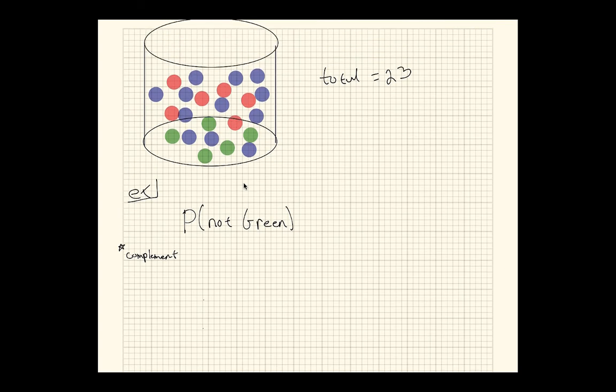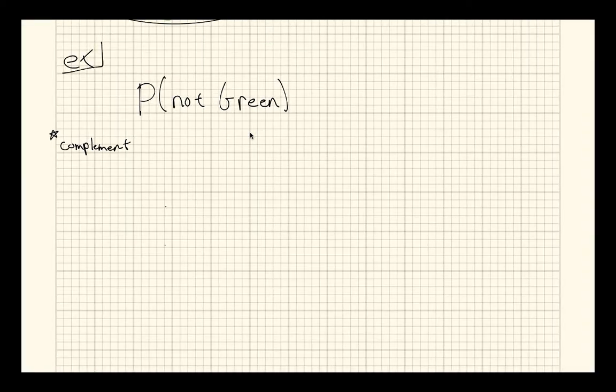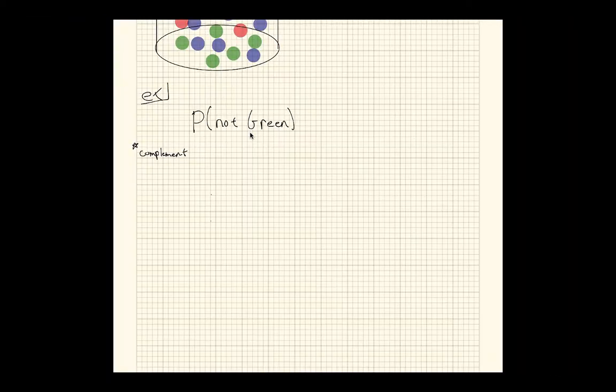Another way we can find that, rather than adding up all the blues and all the reds, one thing we can do is take all the green, 1, 2, 3, 4, 5. And if we want to find the complement of picking green, one thing you can do is take 1 and subtract the probability of picking green. Since there's 5 green out of 23.